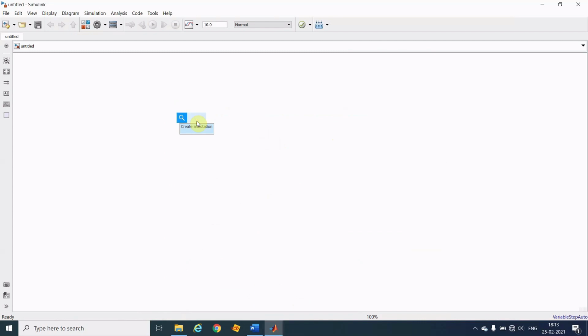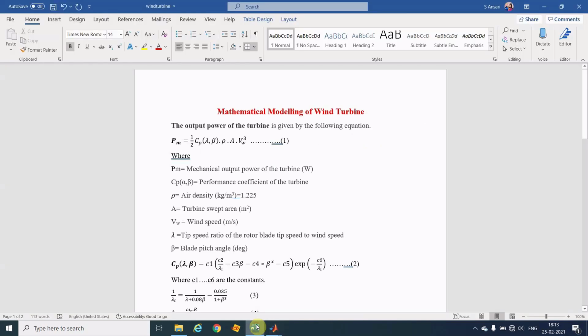So take a subsystem, go inside the subsystem and just write here Pm. What we want is Pm. It's not a difficult thing. People think that it is difficult, but no, it is so easy.